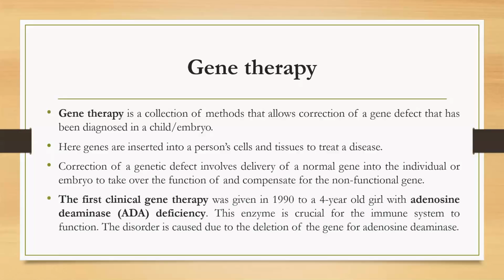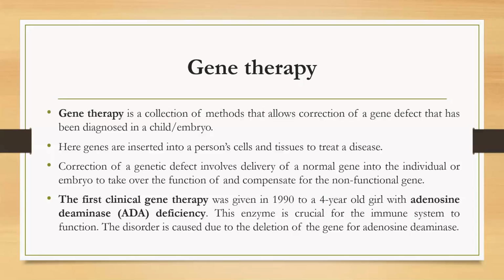The first clinical gene therapy was given in 1990 to a 4-year-old girl with adenosine deaminase deficiency. So the first gene therapy was given to a child suffering from a genetic disorder known as adenosine deaminase deficiency, and this disorder is specifically known as SCID, severe combined immunodeficiency syndrome.